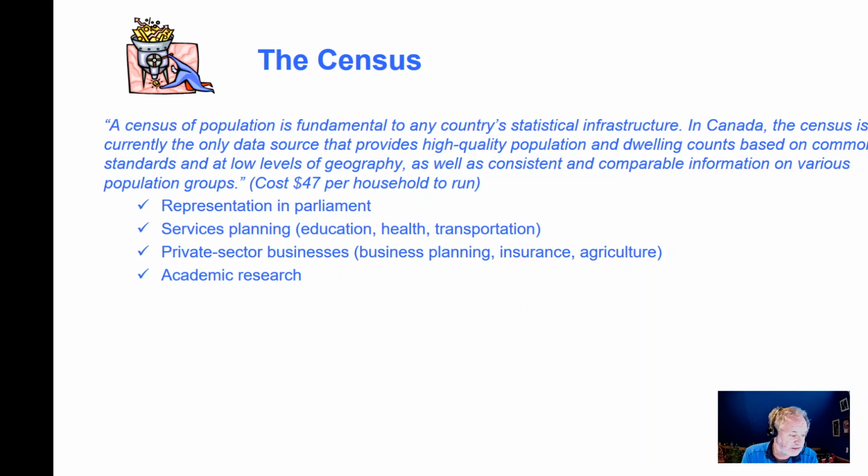The census data is used by private sector businesses, for corporations and companies, in terms of their medium to long-term business planning and growing their business, for example, if they're building factories, where do they have to build those factories? It's used by insurance companies as a form of actuarial data to assess insurance risk and the setting of insurance policies. And it's used by agribusiness, in terms of food production and distribution. Also used in academic research, right?